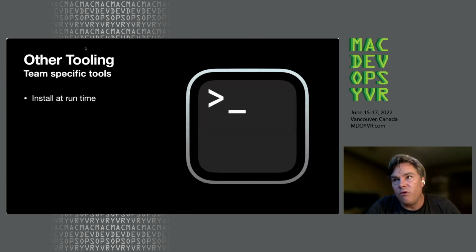If teams require other tools beyond what you put on as a template, this is where I put it on them. I say, okay, install it. If you need something that no one else at the company needs, then that's on you. Install that at runtime.